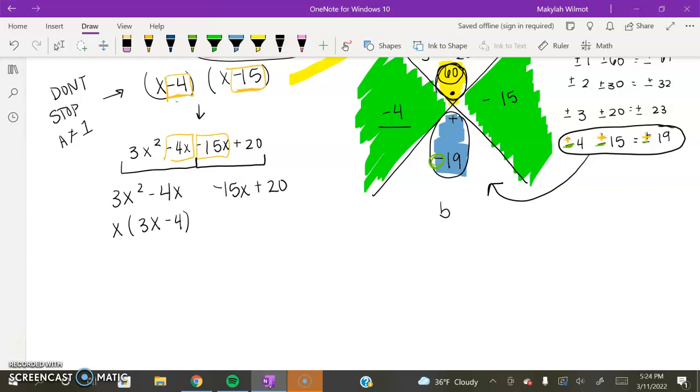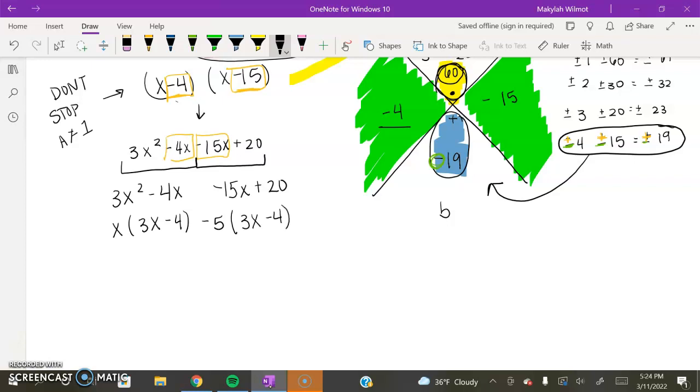Typically you do, sometimes you don't. Sometimes you have to play around with it, but most of the time you'll want to take out the negatives. So -5 can be taken out of -15 and 20. So -5, if it's taken out of -15, leaves you with a positive 3x. And then -5 out of 20 leaves you with -4.